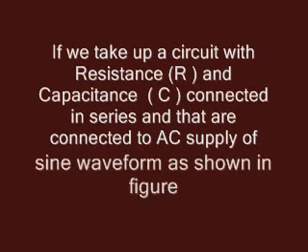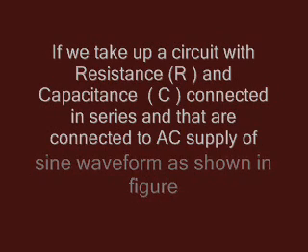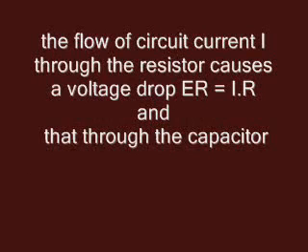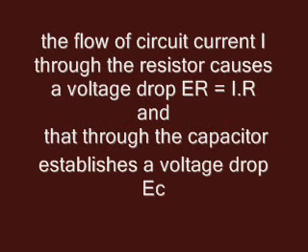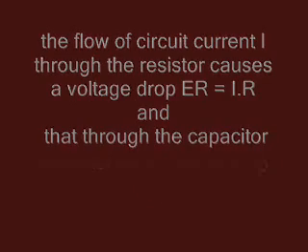If we take up a circuit with a resistance R and capacitance C connected in series, and connected to an AC supply of sine waveform as shown in the figure, the flow of circuit current I through the resistor causes a voltage drop ER, which is equal to I into R, and that through the capacitor establishes a voltage drop EC.